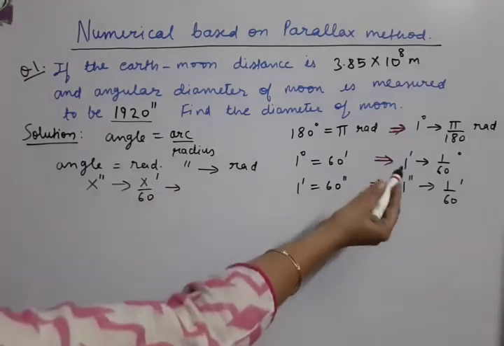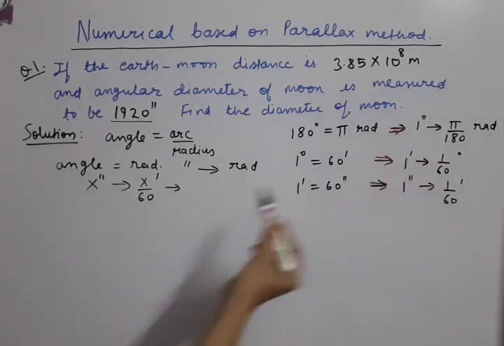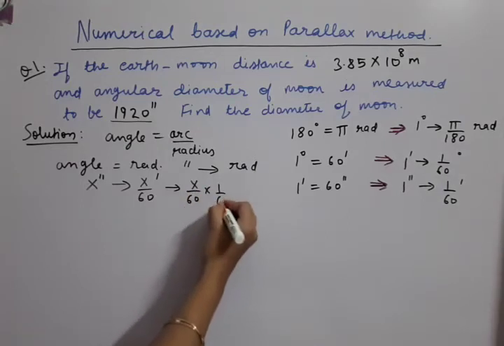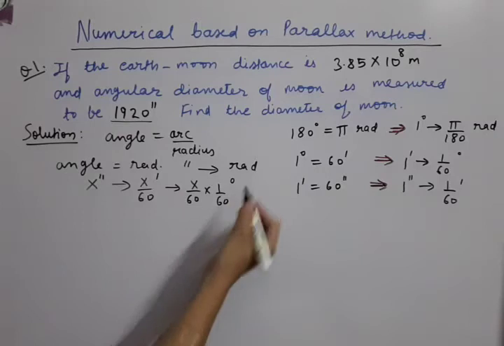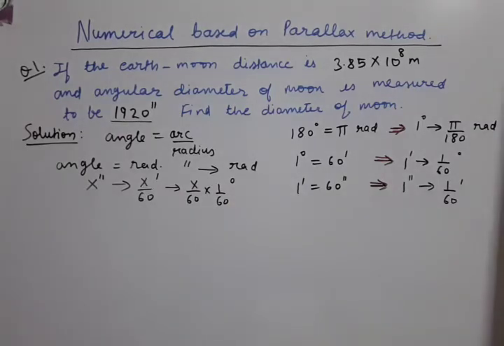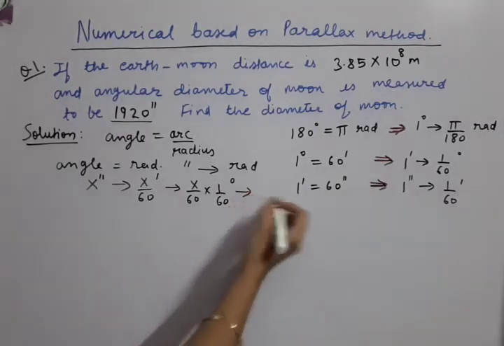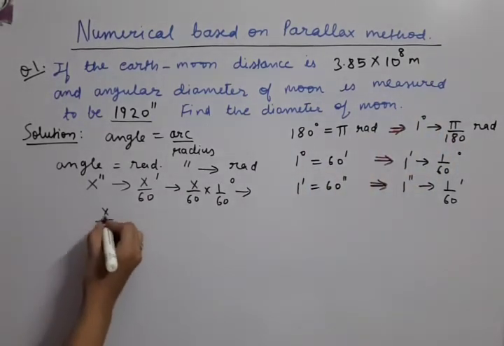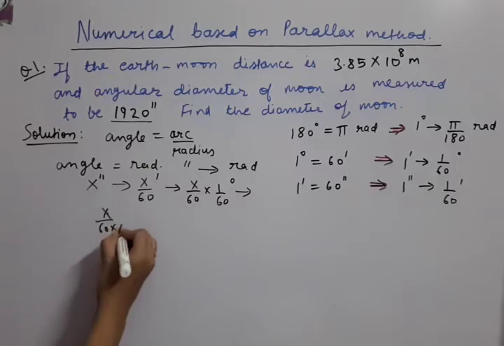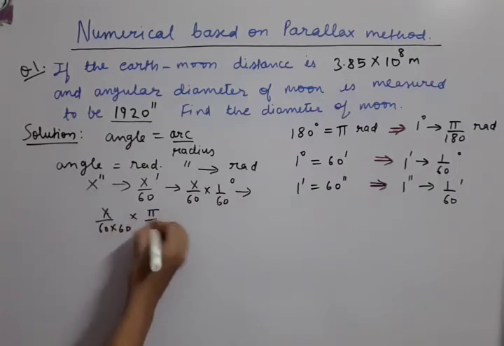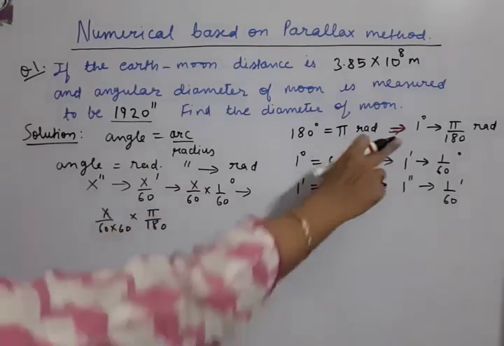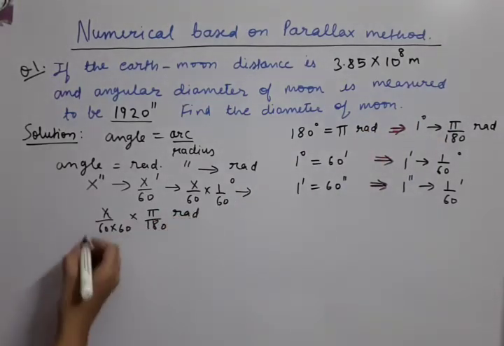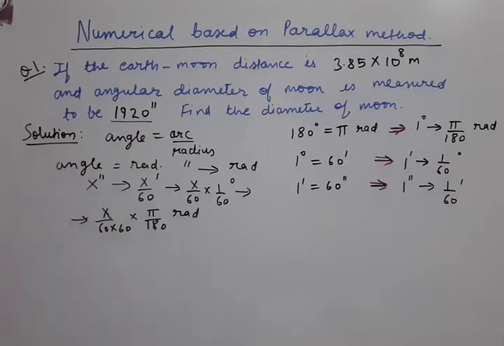After that, 1 minute is 1 by 60 degree, so I will divide this term by 60 and it will convert to degrees. Now the degree conversion to radian is this term. So x by 60 into 60, if I multiply it with pi by 180, as you can see 1 degree is pi by 180 radian, then this answer will be in radian.